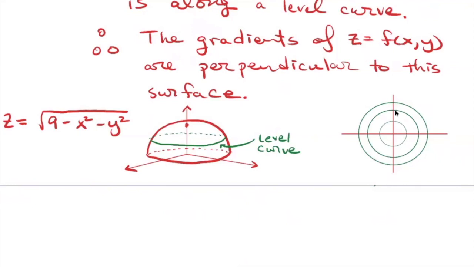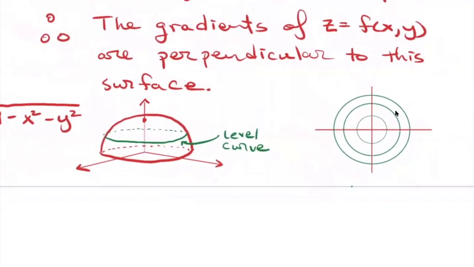Okay, so these are level curves. And remember, the gradients point in the direction of maximum increase. So maximum increase points to the top of the sphere. But again, gradient vectors are in the plane. So they're going to be biggest where the curve is steepest and always pointing in the direction of maximum increase.